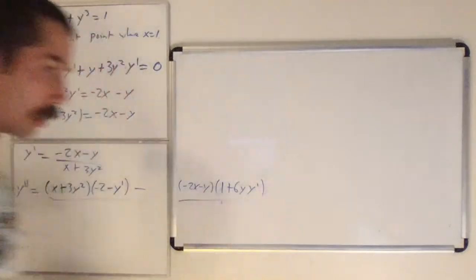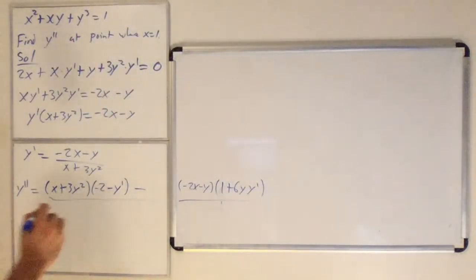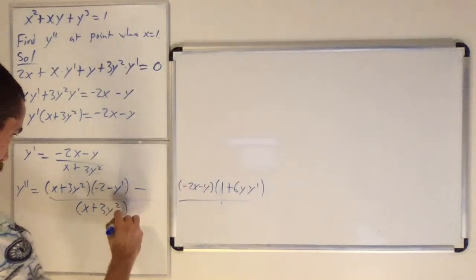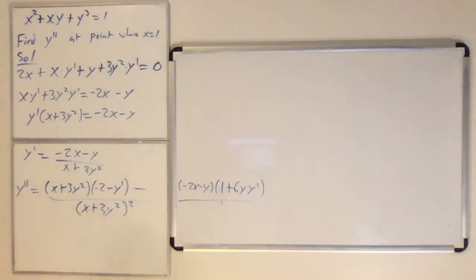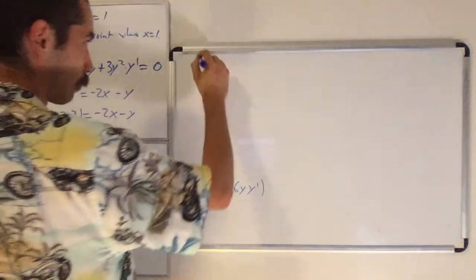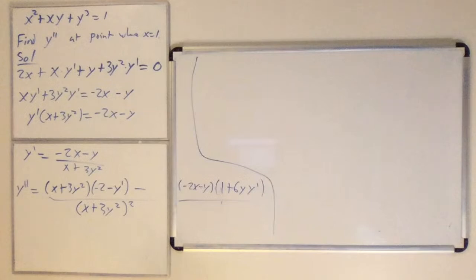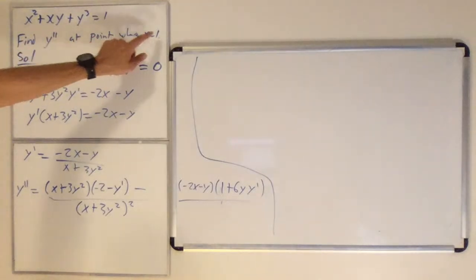All over the denominator squared. Okay, and so where do we go from here, right? It says find y double prime at the point where x equals 1.